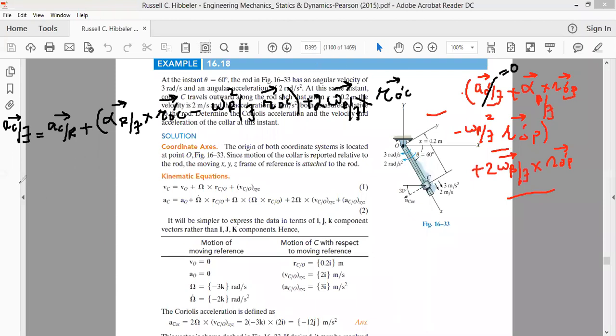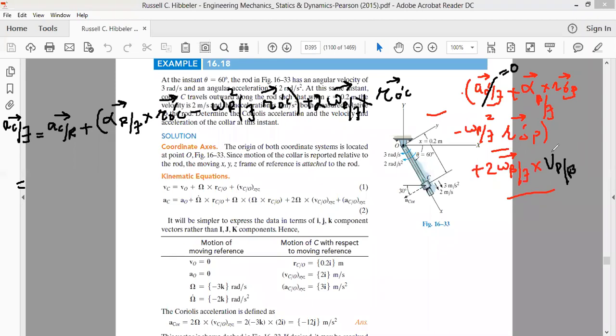Let's put the terms down. So we have acceleration of collar with respect to rod. Yes, there is a little correction that we have to make here. The expression is twice omega beta with respect to ground cross product with velocity of P with respect to beta.